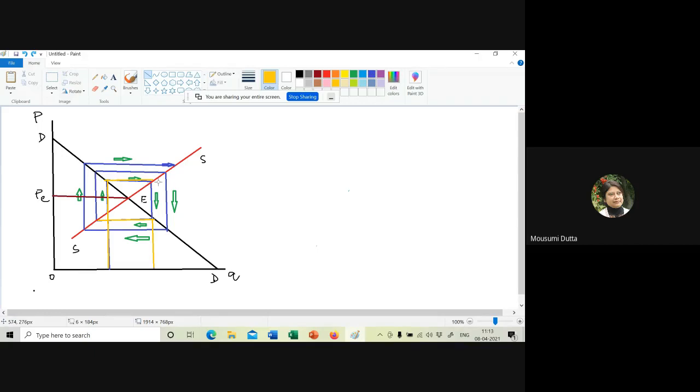This is the first price, P1. We are finding excess supply here. Supply is greater than demand. So if there is an excess supply, there will be a reduction in price. So price will reduce, and it is coming to this level.